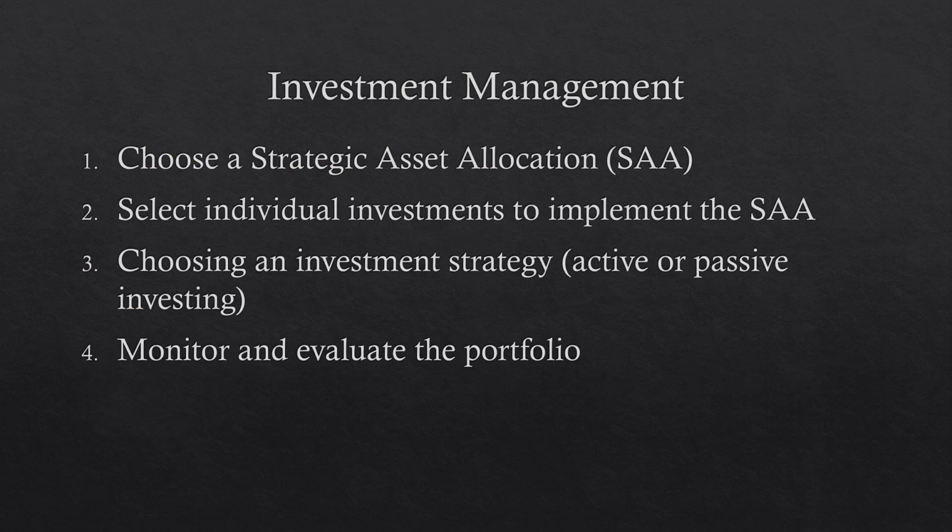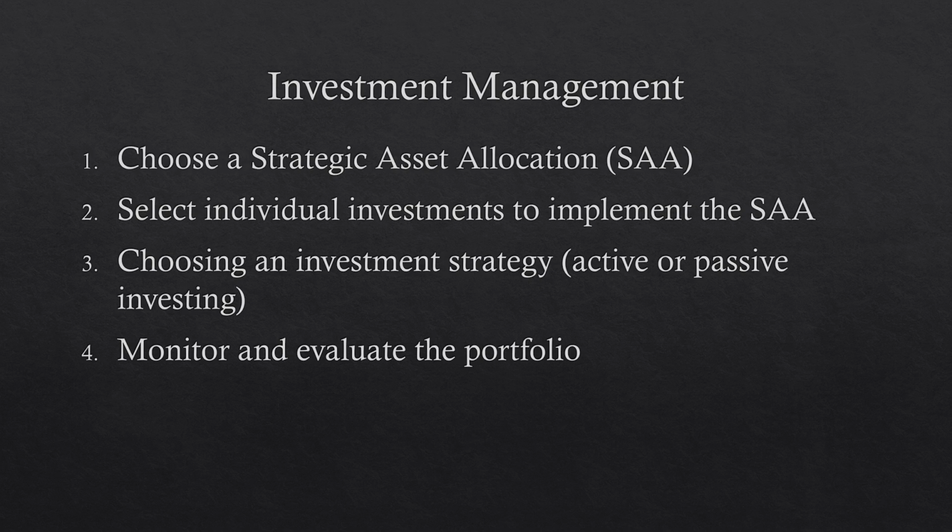So the steps to investment management: first, you would choose a strategic asset allocation. Number 2, you would select individual investments to actually implement that asset allocation, and then choose an investment strategy. Quite often it could be leaning more towards active investing or passive investing. Active is when you're moving in and out of different investments.